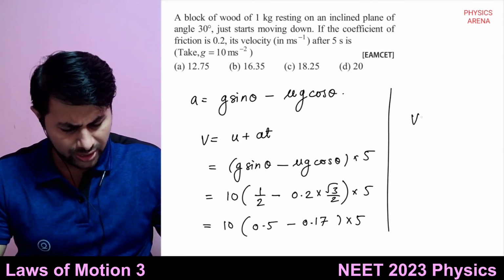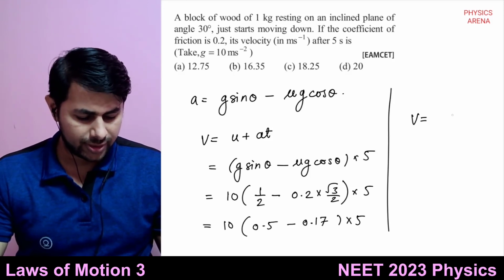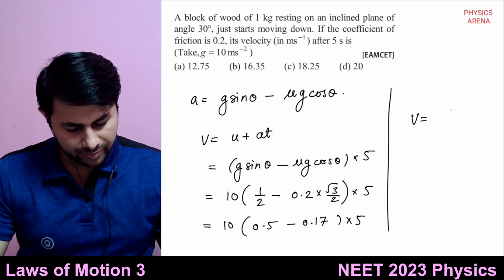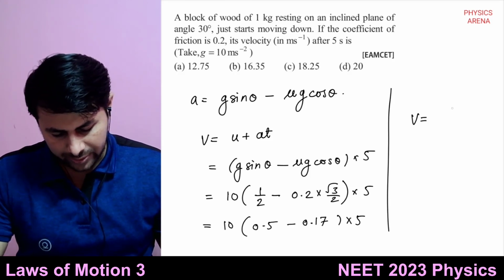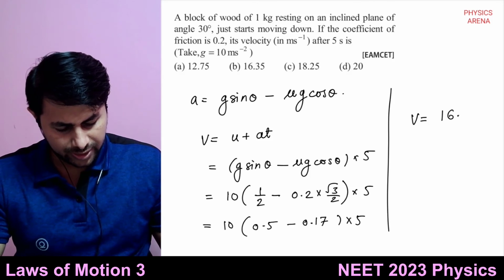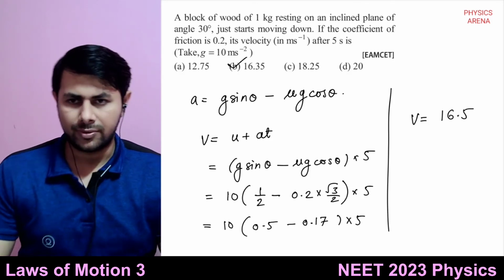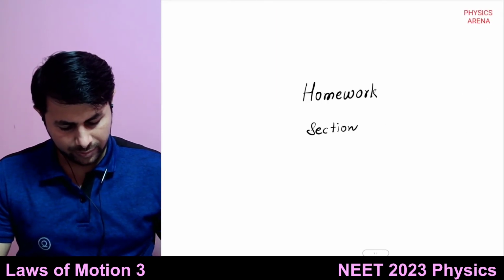Okay, so all our calculations. 3.3 times 5, so 3 5s are 15, 15 plus 1.5, so it is 16.5. Yeah, option B is the answer. Good. All right.